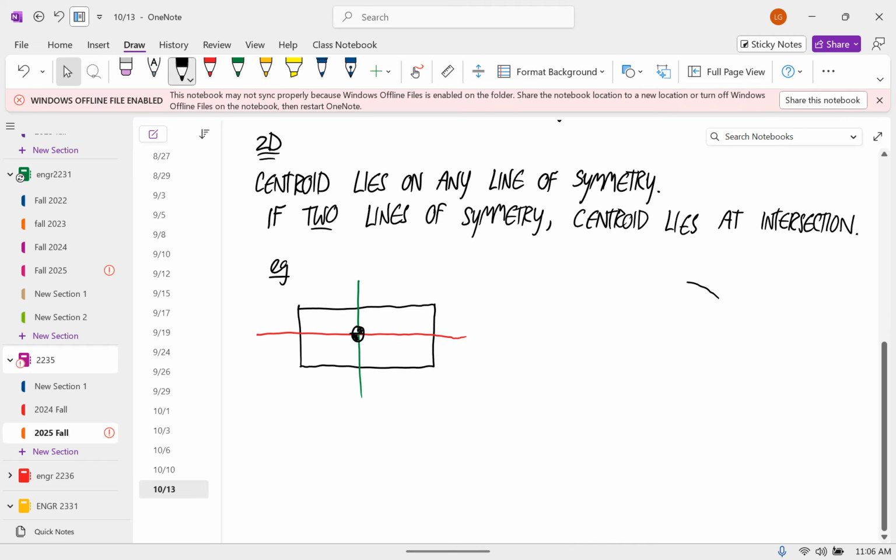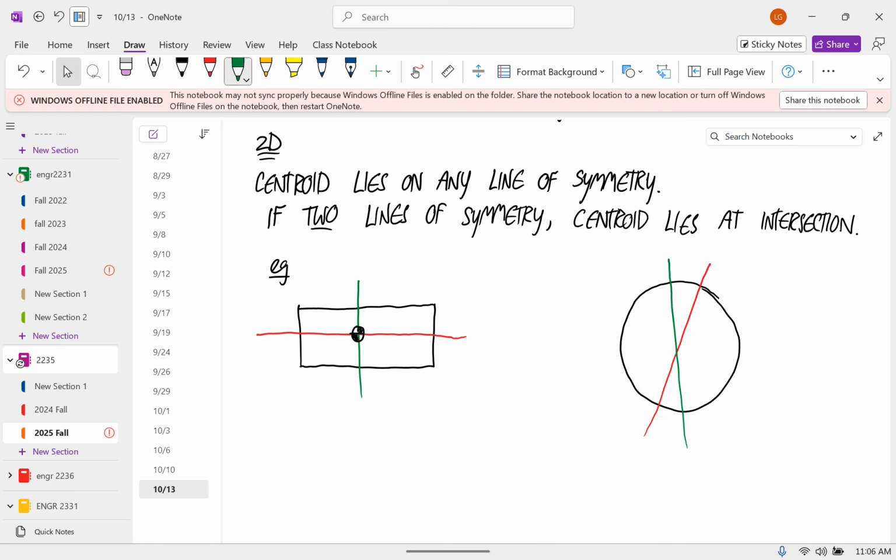Then another example is a circle. Well, this one has infinitely many lines of symmetry. There's one, there's one, there's one. But the key thing is that they all pass through the center of the circle.